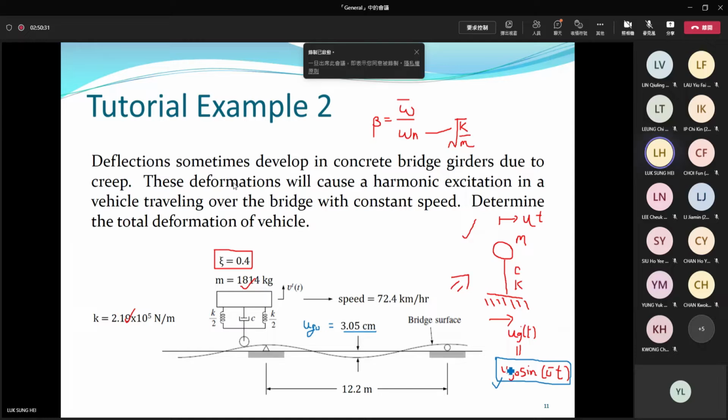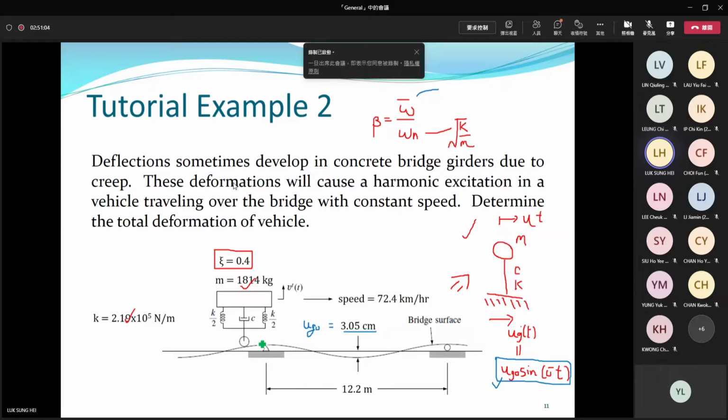Then what about the loading frequency? That means the ground moving frequency, the ground shaking frequency, omega bar. The shaking frequency is not that straightforward in this problem. Now, you can think about it using this simple example.